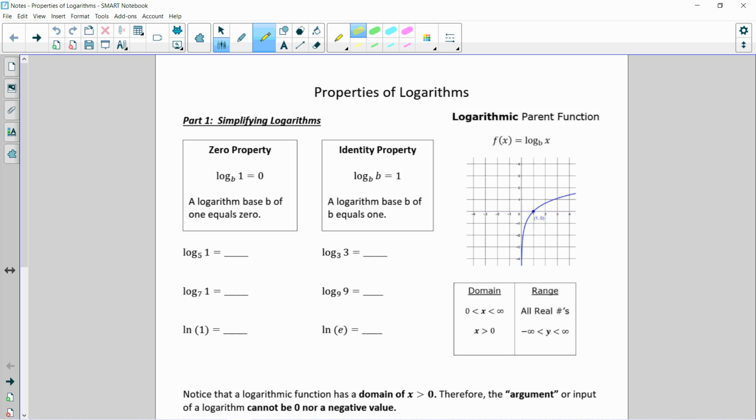So this one basically says if you plug in 1, then that output is going to be 0. So remember that we can talk about logs like this where we show the base. We can even use that special logarithm, ln.